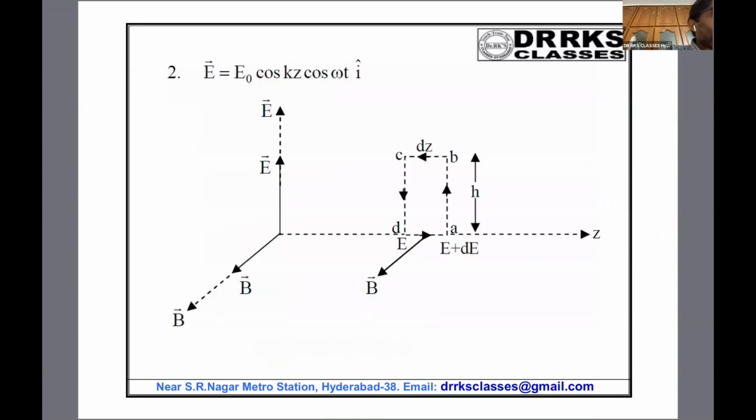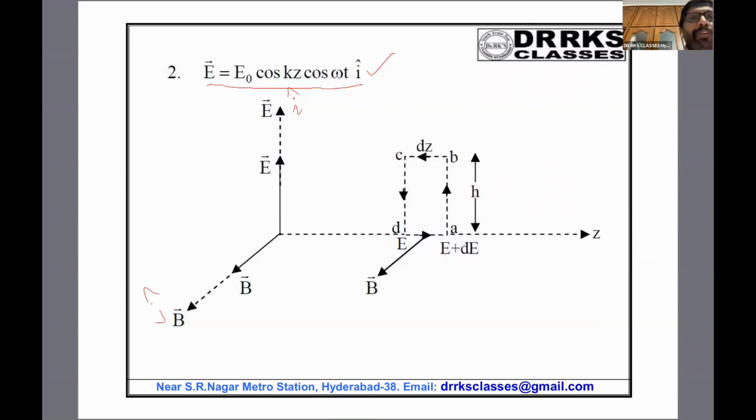Look at this. Here the electric field is given as E naught cos kz cos omega t. The electric field is along the x-axis, so this is i cap, this is j cap, this is k cap.